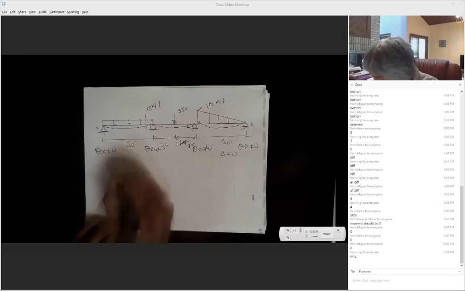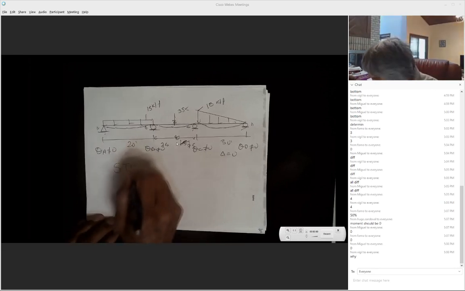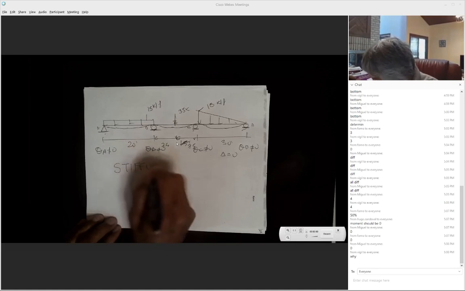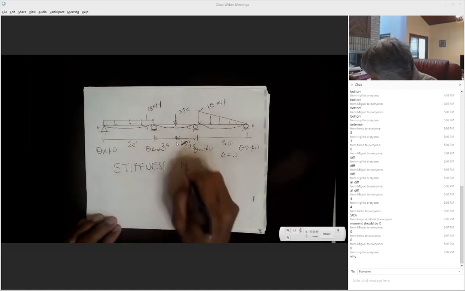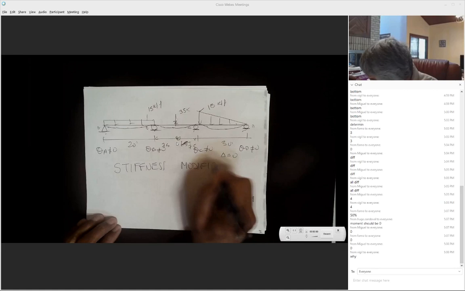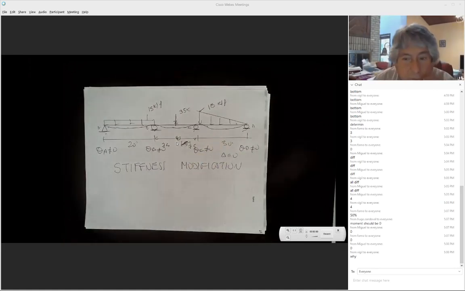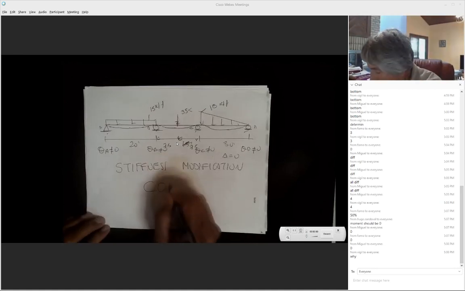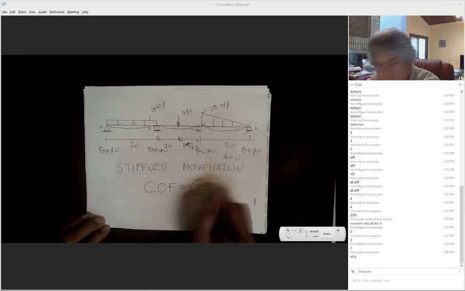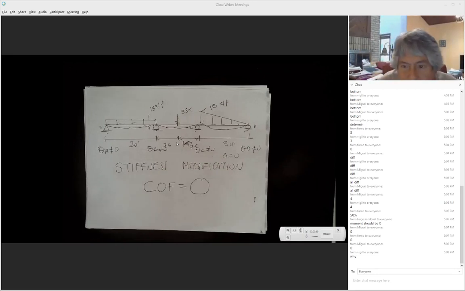And this is called stiffness modification. When the stiffness is modified, the carryover factor is going to be equal to 0 instead of 1.